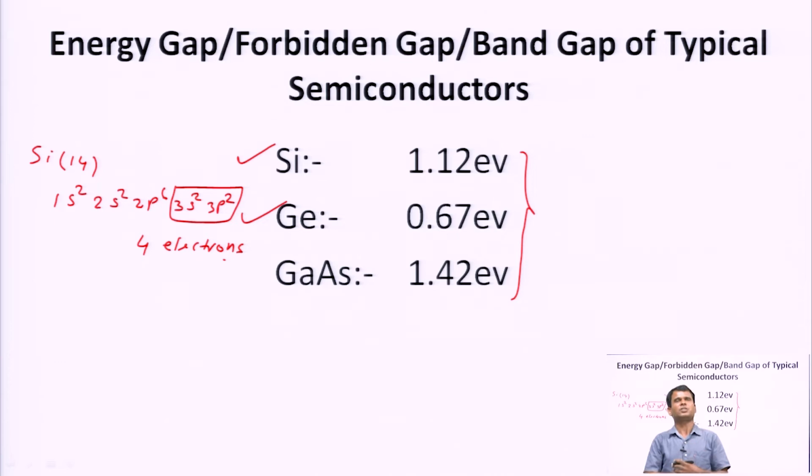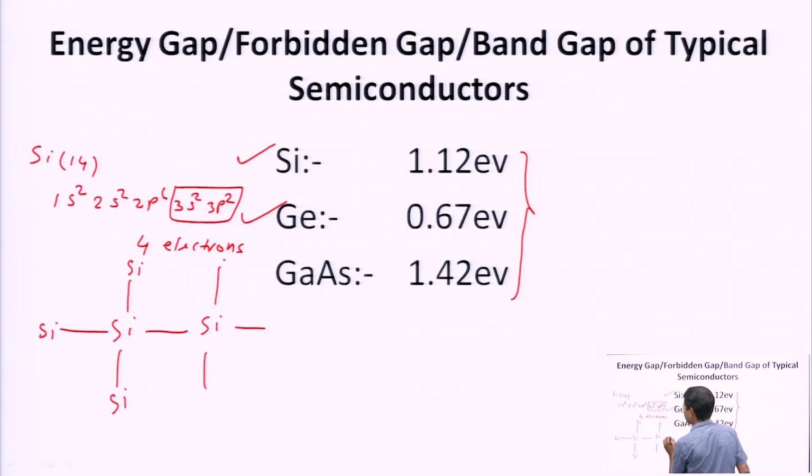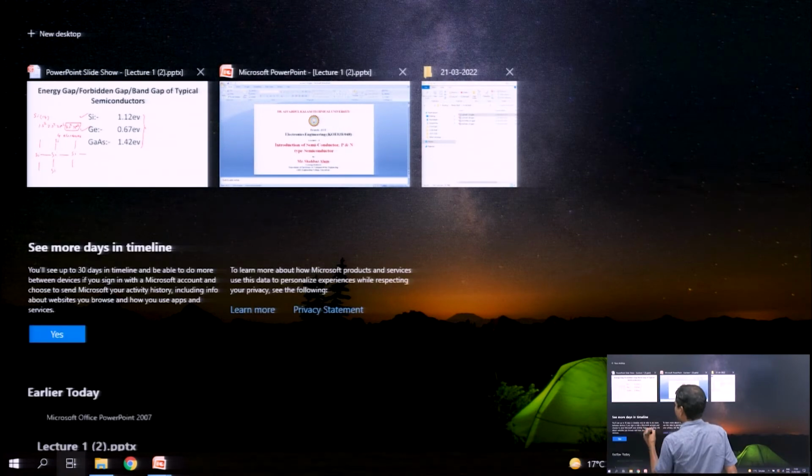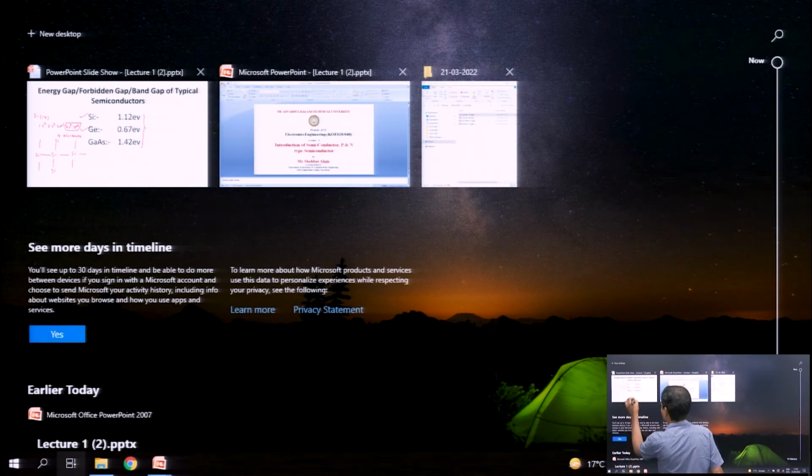The actual structure of the silicon compound is tetrahedral, but in the simplified planar structure, one silicon atom is bonded with 4 sigma bonds with 4 neighboring silicon atoms, and this will continue like this, and this will become a silicon crystal.